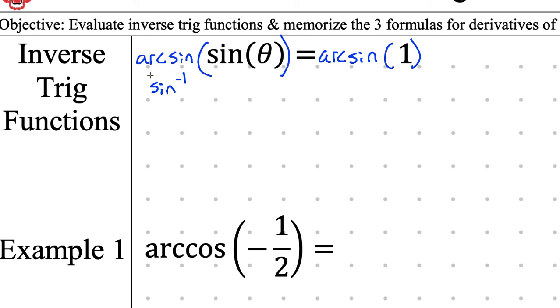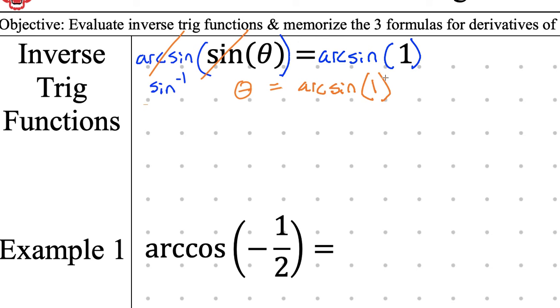The arc sine and sine cancel out, and I'm left with theta. So just theta now is equal to arc sine of 1. In geometry, we said, okay, good enough, done. Plug that into the calculator, and we get our answer.